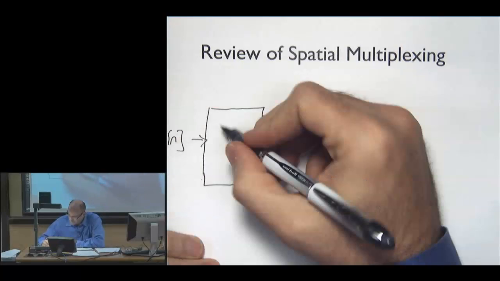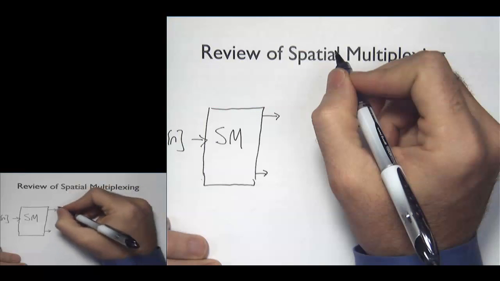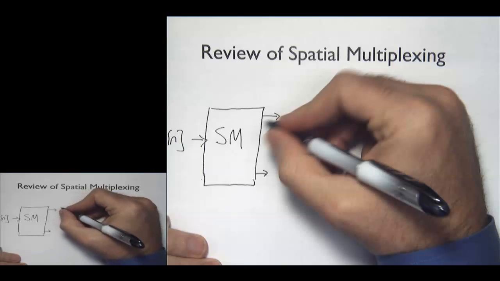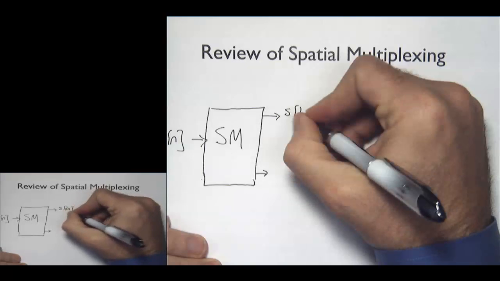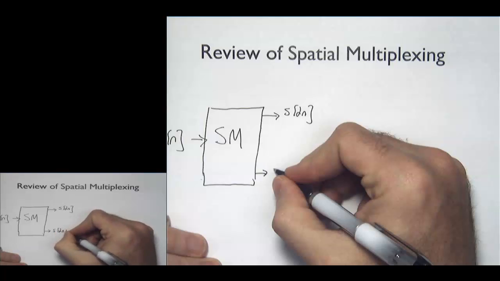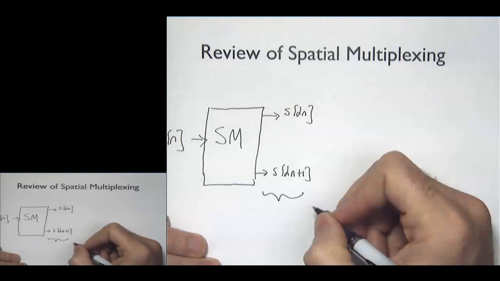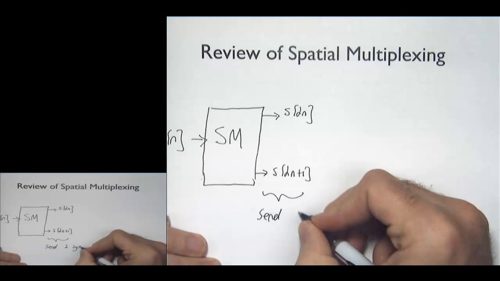And so, for example, if this was a spatial multiplexer with two transmit antennas, then the spatial multiplexer would send, let's say, the even antenna symbols on the first antenna and the odd symbols on the second antenna. And the thing to note is that we end up sending two symbols at once.